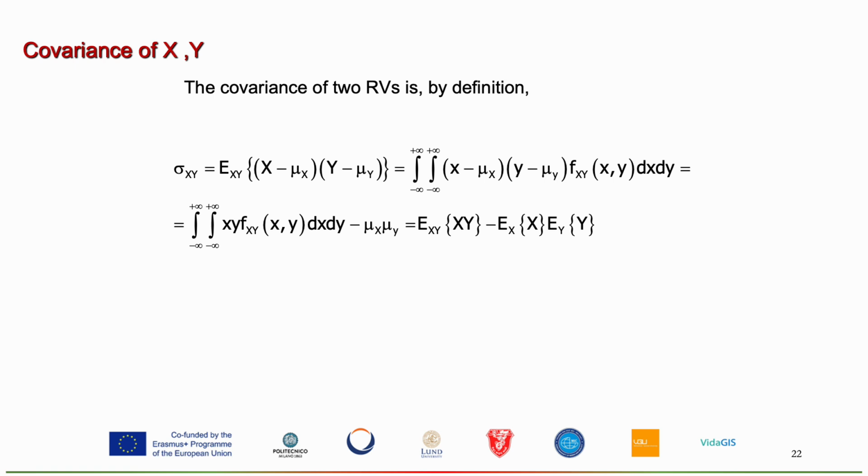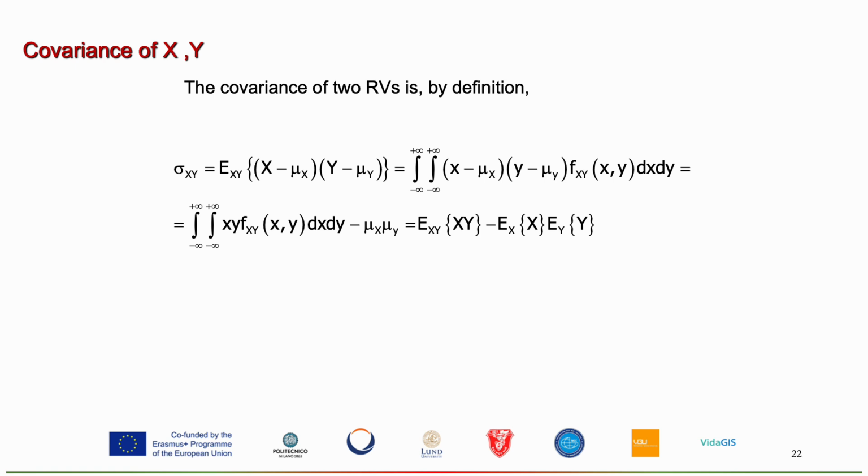The name usually used is sigma x y, and from a symbolic point of view, it is defined as the expectation value of x minus mu x that multiplies y minus mu y.